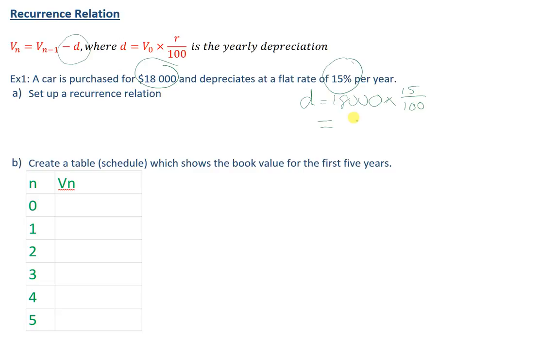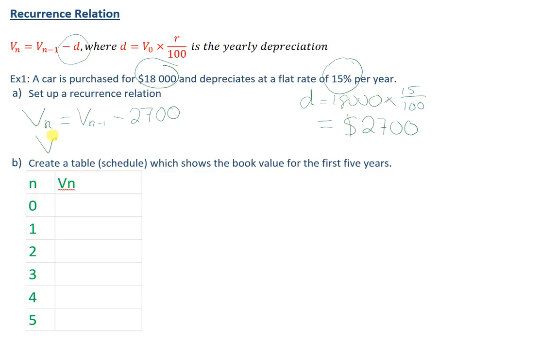Okay, so let's put that in. So my yearly depreciation is $2,700, so I need to put that into an equation. So to get my current book value, I take my previous book value and I subtract off 2,700.